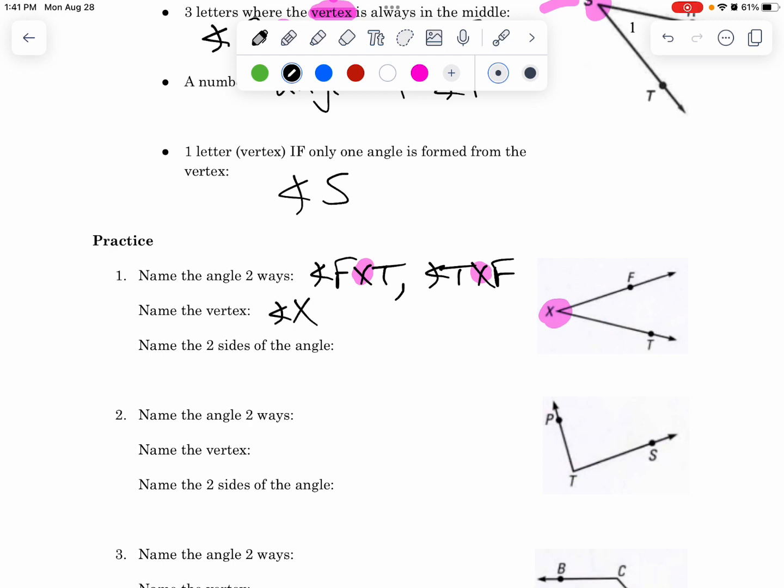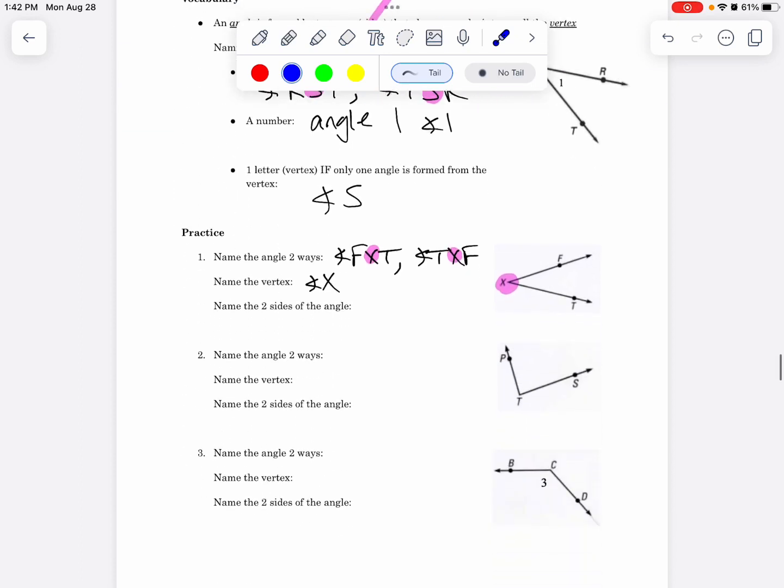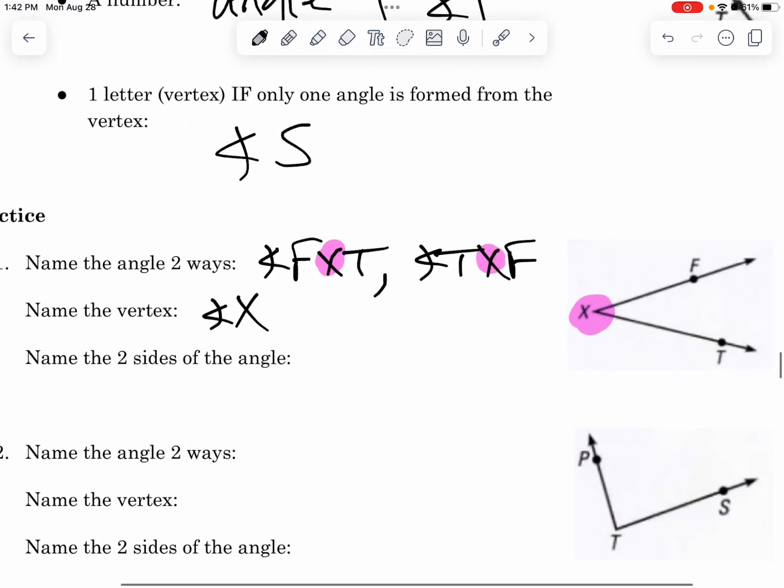Name the 2 sides of the angle. Do you see how these 2 things are rays? It has an end point that does not have an arrow, and it goes through a point with an arrow. Okay, so that is important. Those are rays. So when you tell me that you are writing down a ray, it needs to have the proper symbol above it. So one of the rays starts at X and goes through F. So I'm going to name that XF.